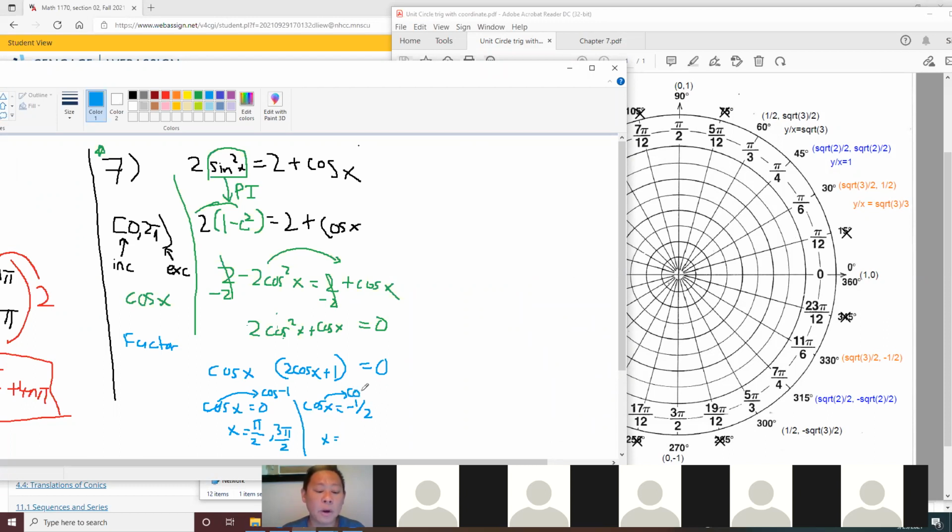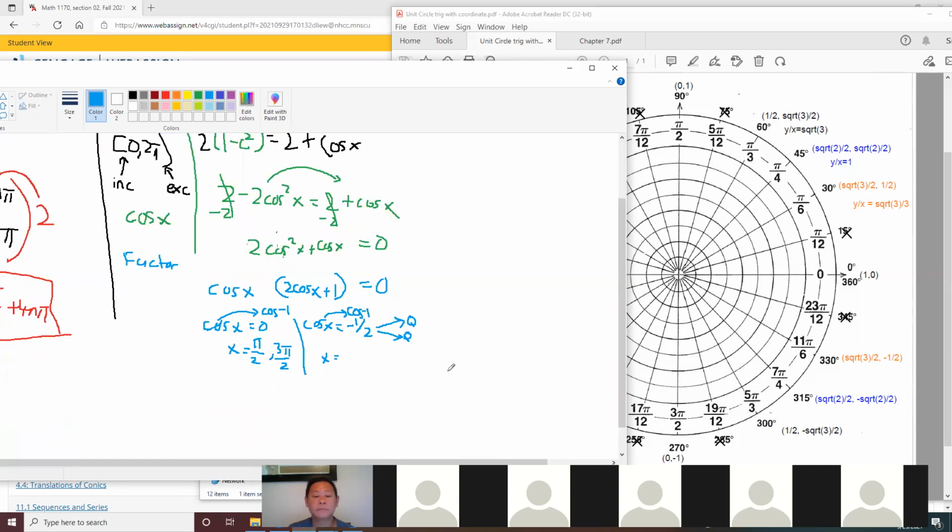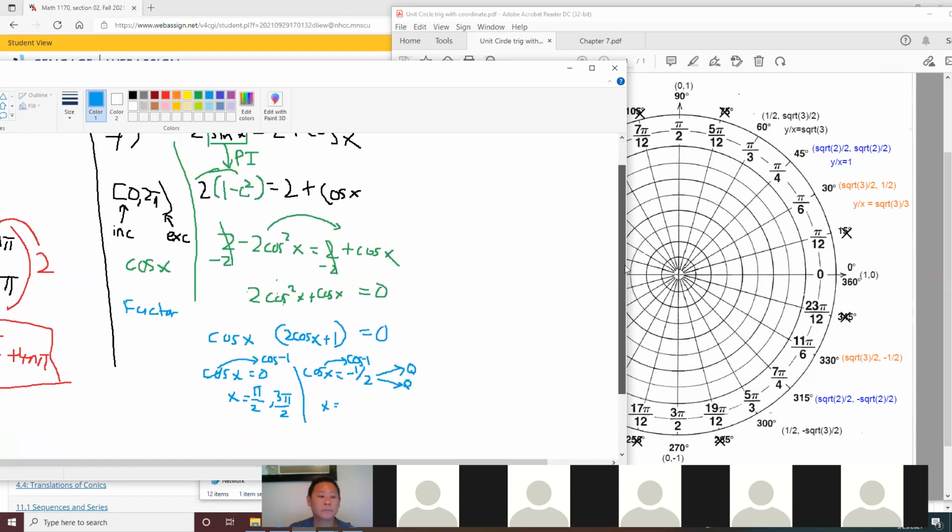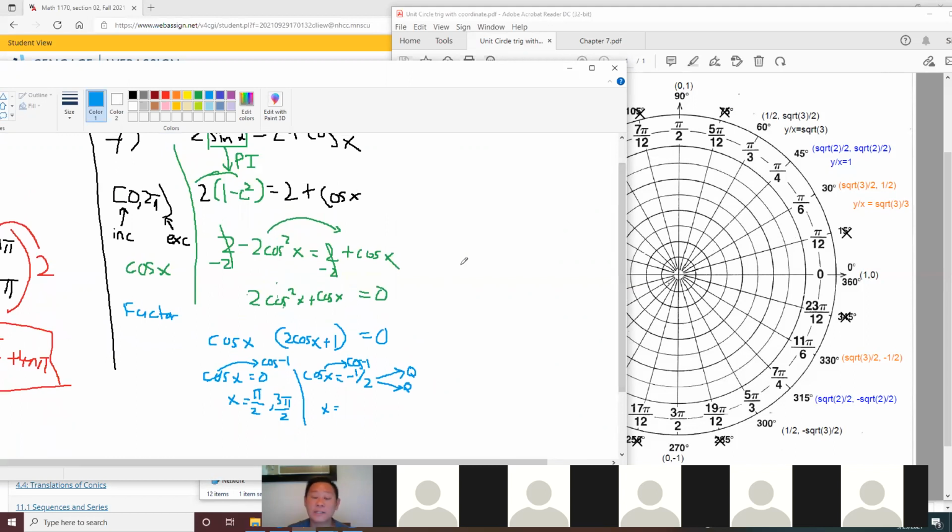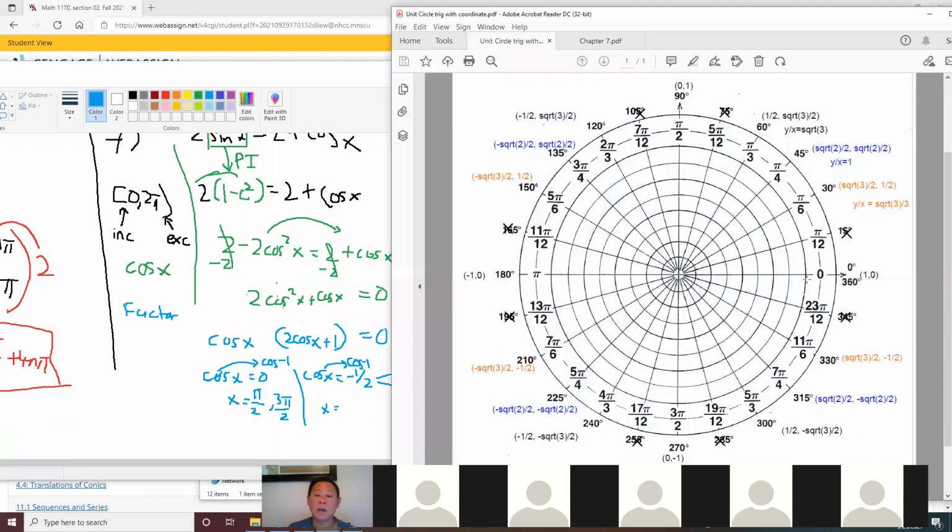Can someone tell me what quadrant will give negative for cosine? What quadrant is that? Cosine is negative in quadrant 2 and quadrant 3. So if you look at this, again, we are looking for the x value.